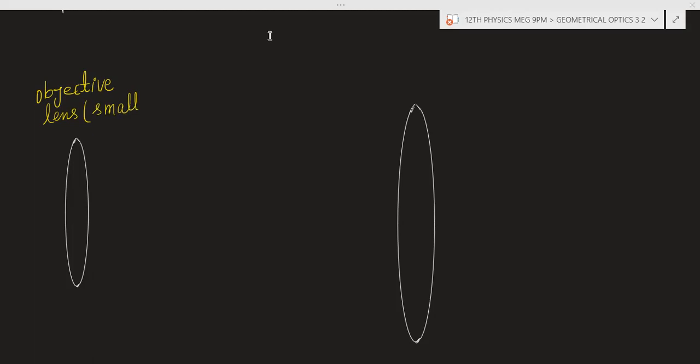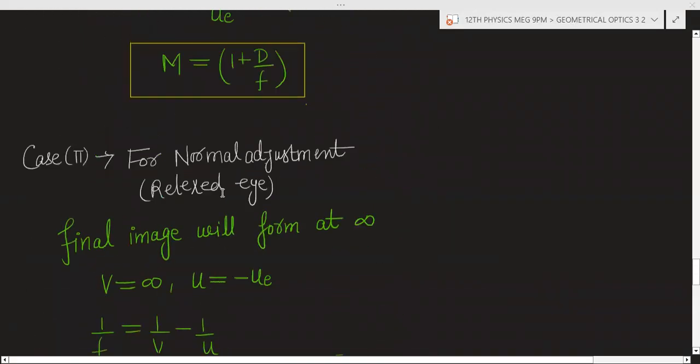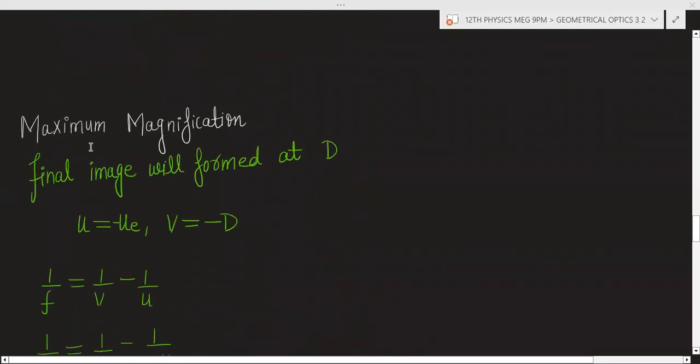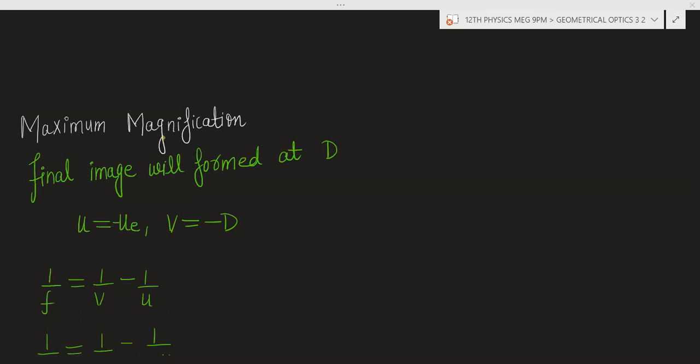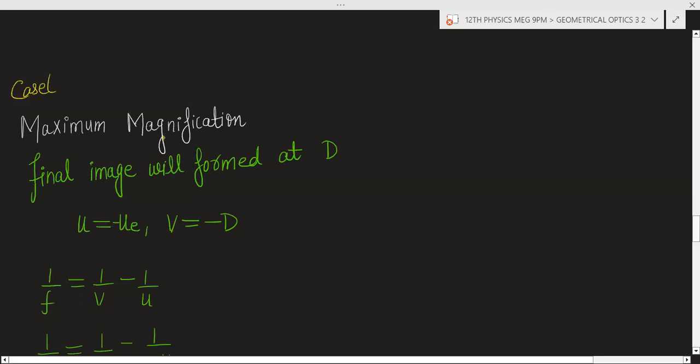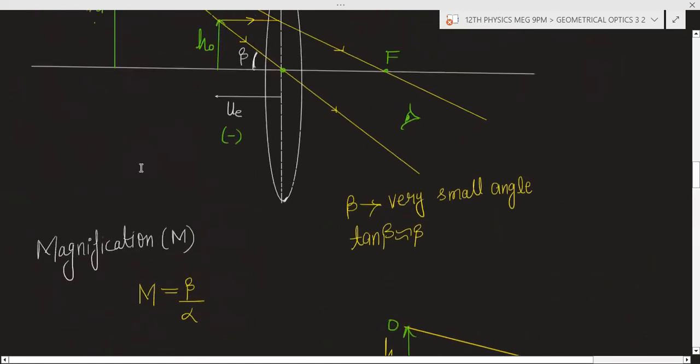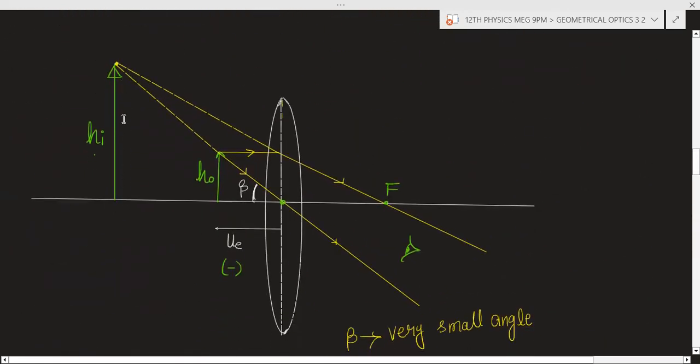For the first case, maximum magnification, the final image will be formed at D, which means the final image will be formed at a 25 centimeter distance.